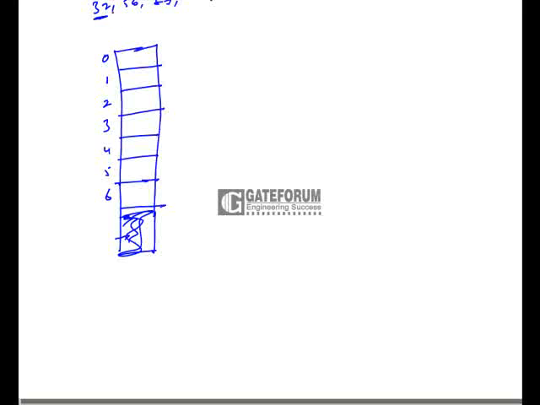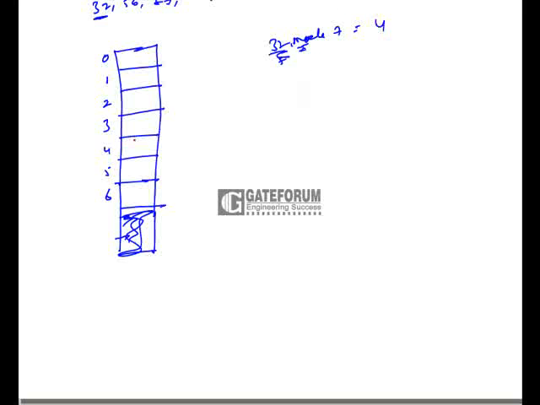First we have to insert 32, and here the hash function is mod 7, so we divide the key by the size of the table, 7. 32 mod 7 is 4.